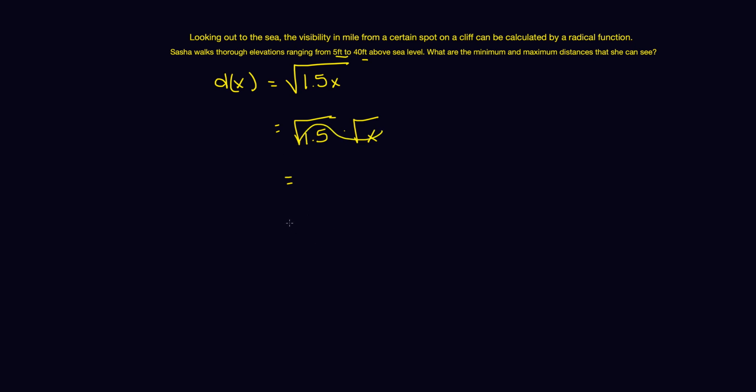So I'm going to do 1.5 times 5 and take the square root of that. 1.5 times 5 is 7.5, and the root of 7.5 is about 2.73.